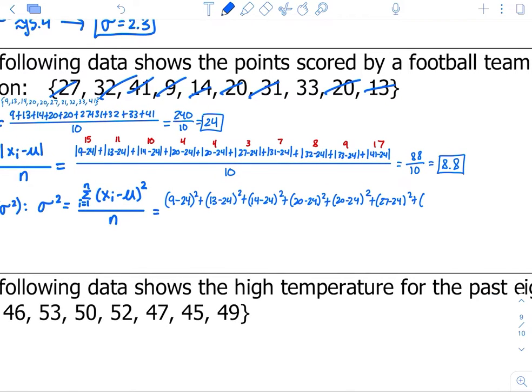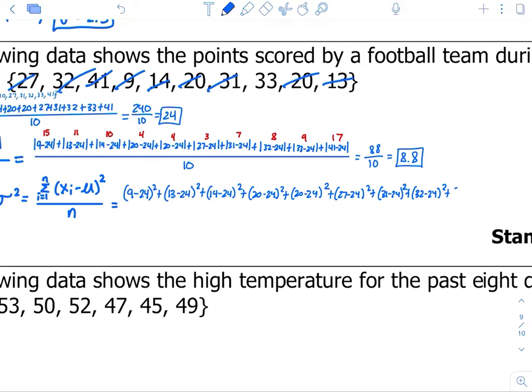So 27, 31 minus 24 squared plus 32 minus 24 squared. Next one, 32 minus 24 squared plus 33 minus 24 squared plus 41 minus 24 squared.